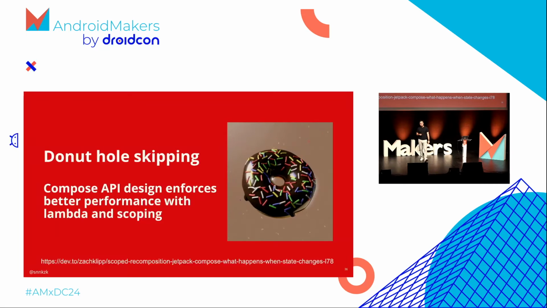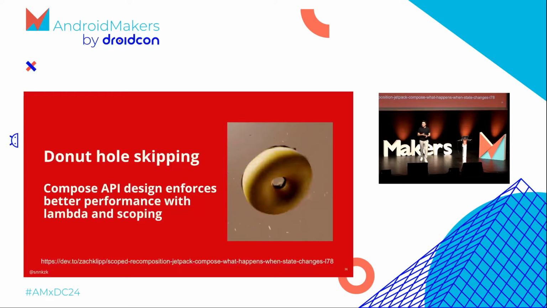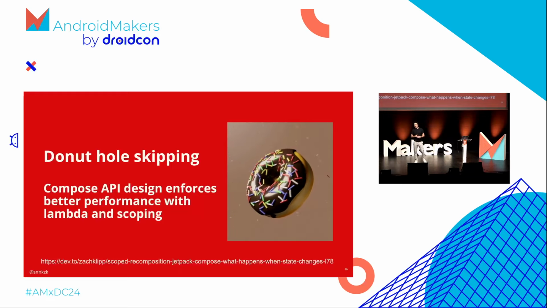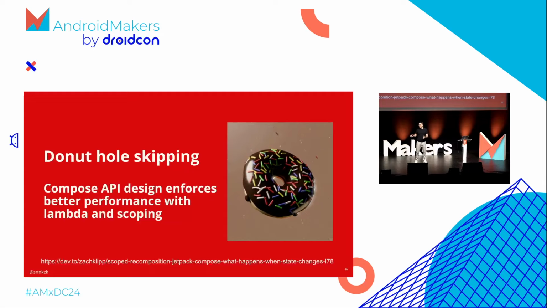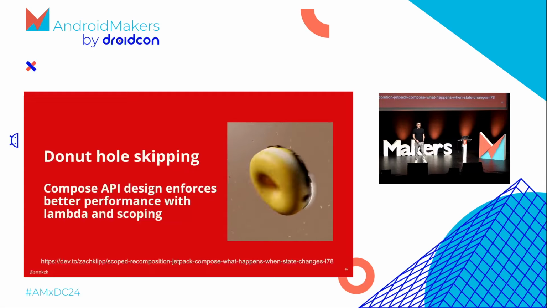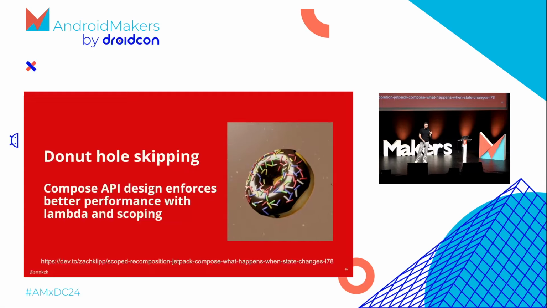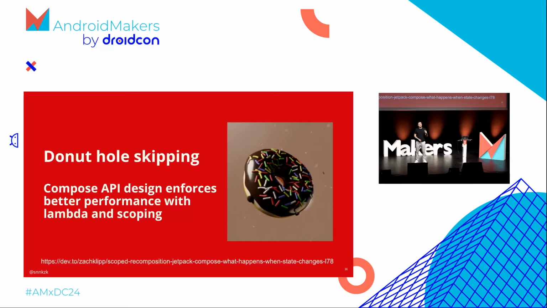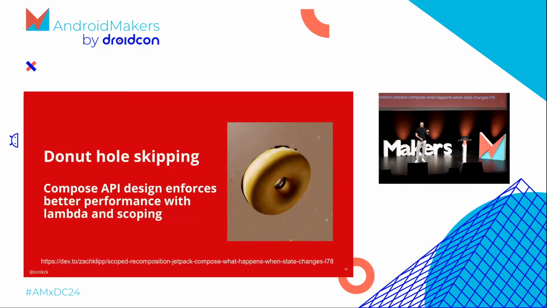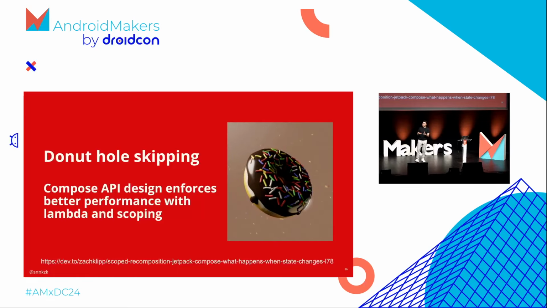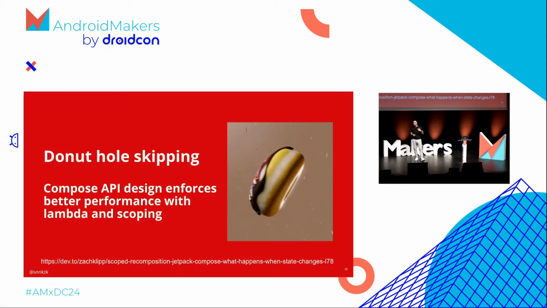But Compose has something good, which is the donut hole skipping idea. That means there are lambdas and scopes, and every function is a scope, and every lambda is a scope. And Compose runtime understands that when we have a lambda, so basically a function is also kind of a lambda that gets parameters, it knows which parameters are there and keeps track of them.